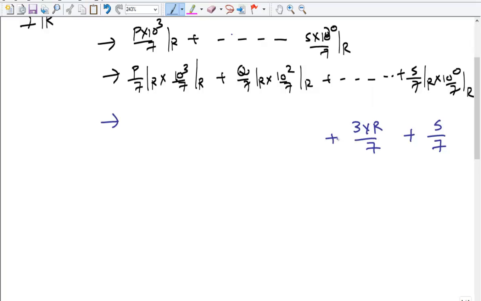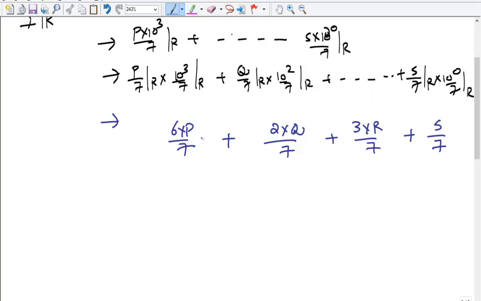The next one is 10 square by 7, the remainder is 2, Q by 7 remainder depends on Q, so that's going to be 2 times Q by 7. Next one is 10 cube by 7, remainder is 6, P by 7 remainder depends on P, so that's going to be 6 times P by 7.